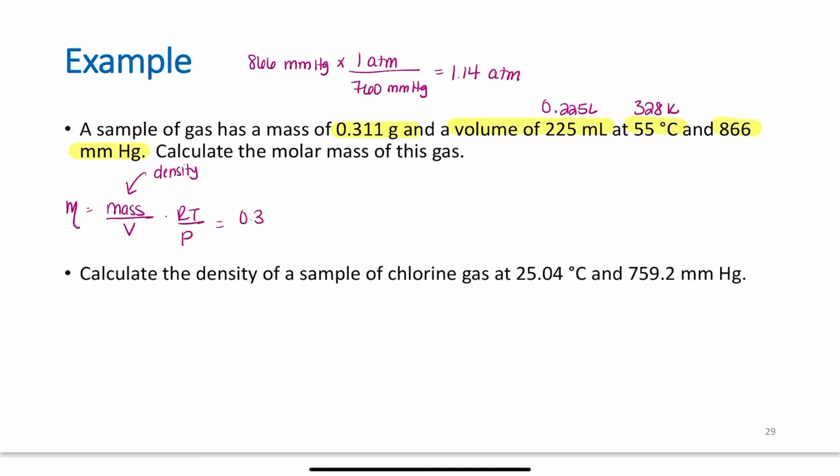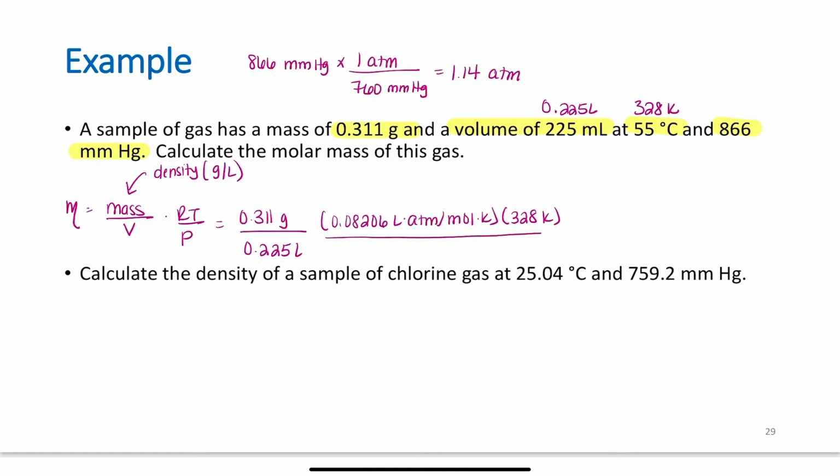I've got 0.311 grams over a volume of 0.225 liters, multiplied by my gas constant, 0.08206 liter atmosphere per mole K, times temperature, 328 K, divided by pressure, 1.14 atmospheres. Solve that out and we get 32.6 grams per mole.